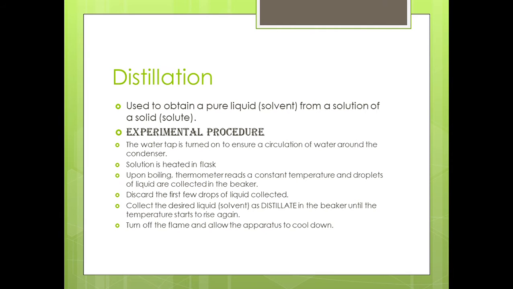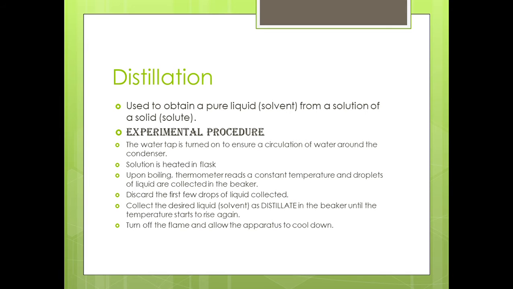Distillation. Here guys, distillation means simple distillation. This process is used to obtain a pure liquid, which means the solvent, from a solution of a solid, which is the solute. The experimental procedure is: the water tap is turned on to ensure a circulation of water around the condenser. You could even say Liebig condenser.